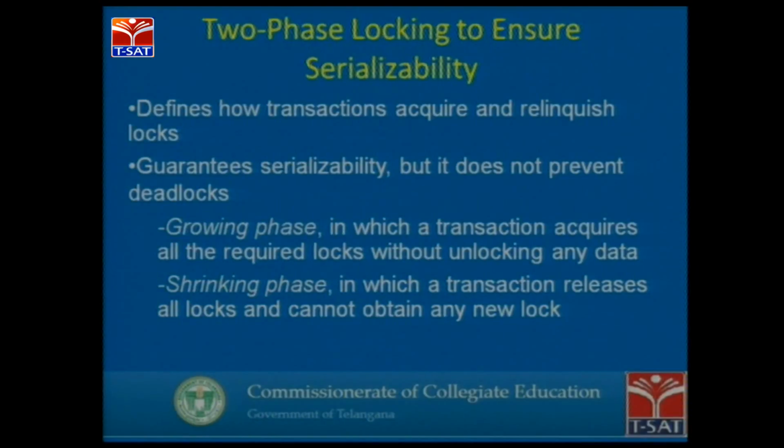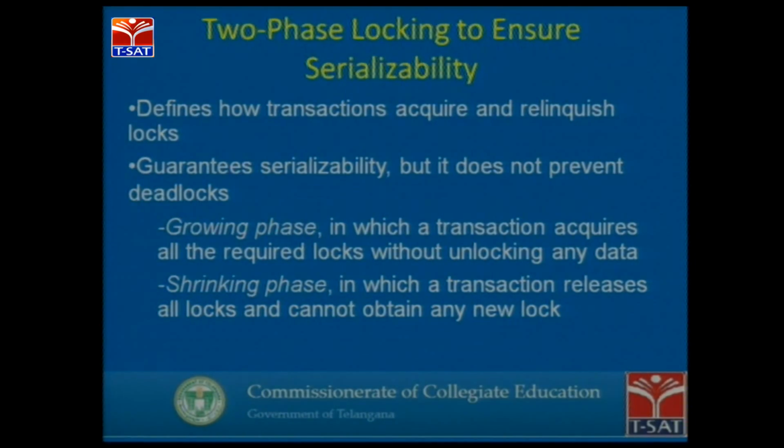The growing phase is one in which a transaction acquires all the required locks without unlocking any data item. In this phase, the transaction, if it wants to finish its execution, has to acquire all the resources required for finishing its execution. So the growing phase always tries to acquire the free resources that are required for completion of the execution.